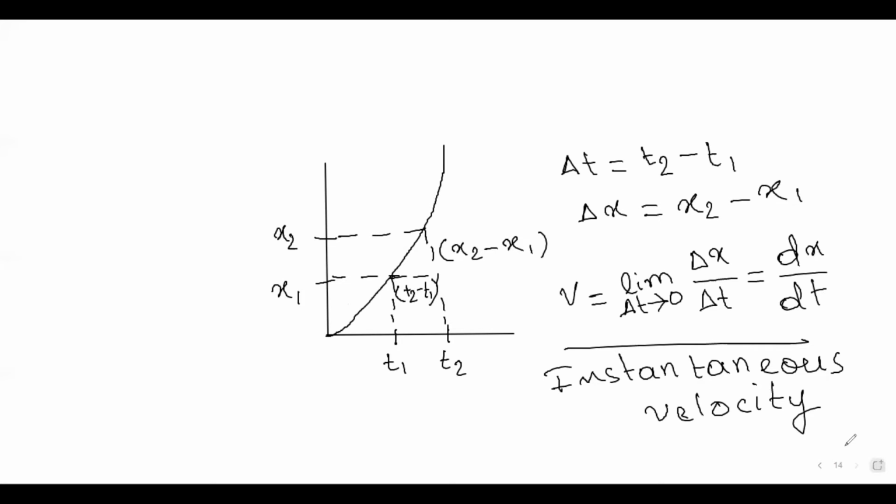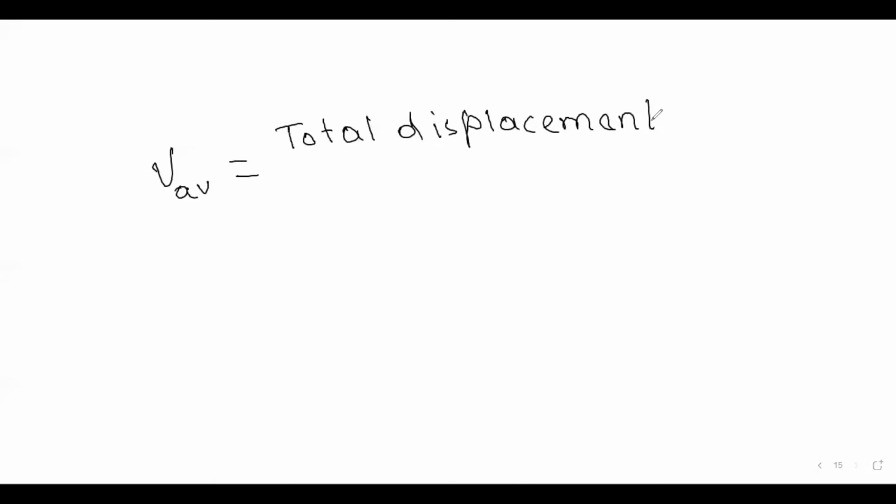So next we are going to learn about something very interesting, that is average velocity. So this is the same. The only difference is that this time the average velocity, V average, is the total displacement divided by total time.